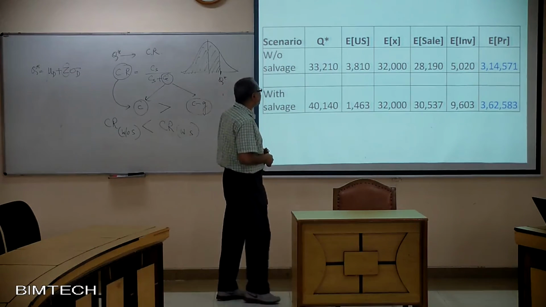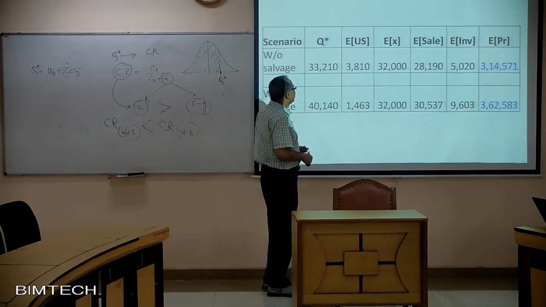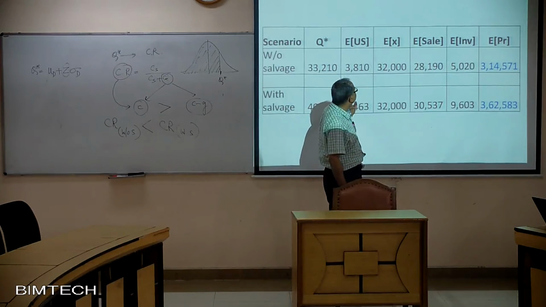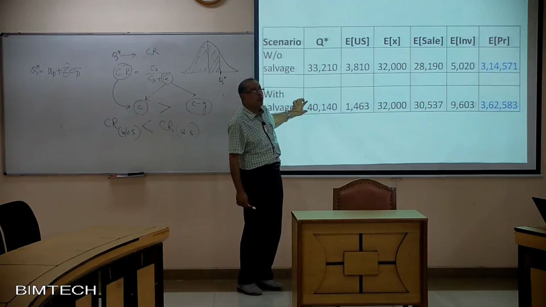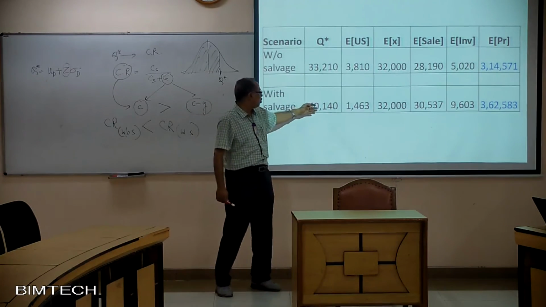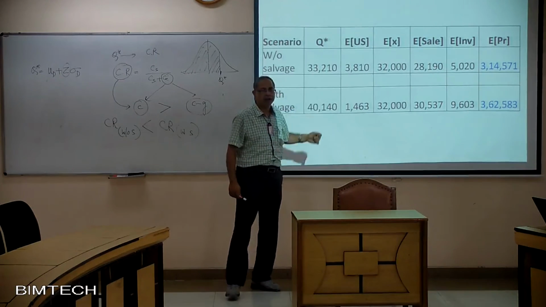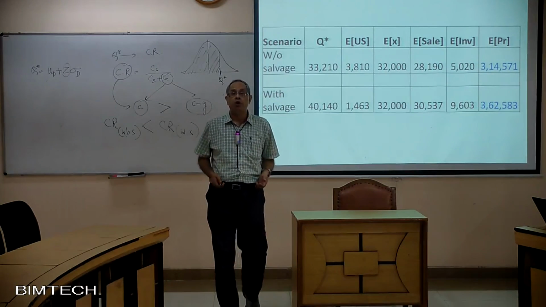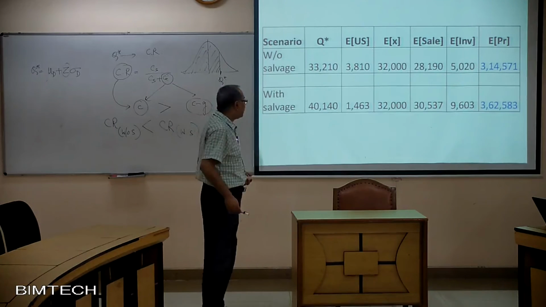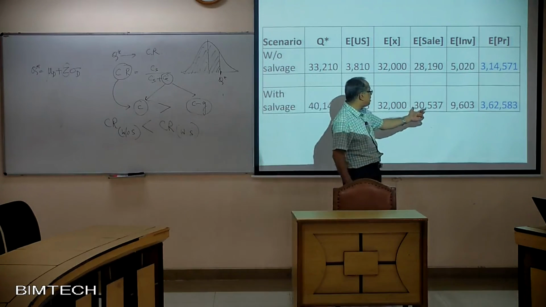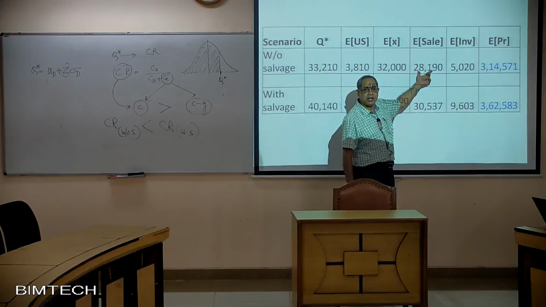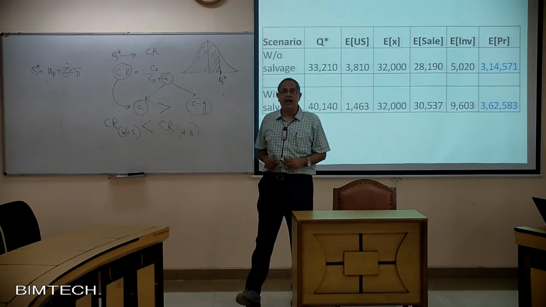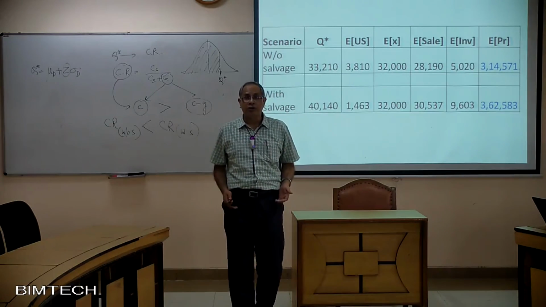The reason is, let us look at the order quantity. When you order more, here the order quantity is much greater, you end up selling more. Okay, does it make sense? Look at the expected sale. The expected sale here is much greater than the expected sale here. So when the order quantity is higher, you end up selling more.